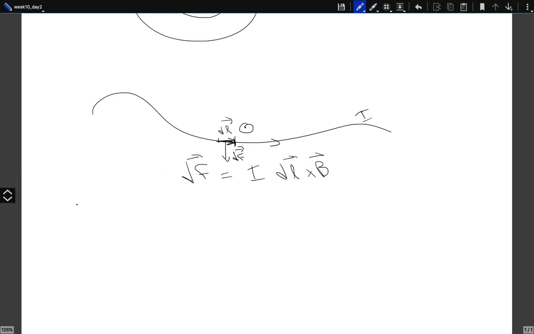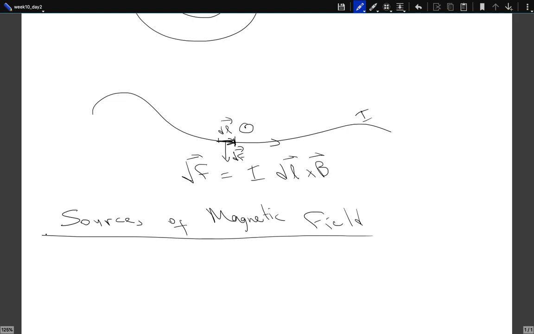Today we will start studying the sources of magnetic fields. One source of magnetic field is, as we had said before, the current.